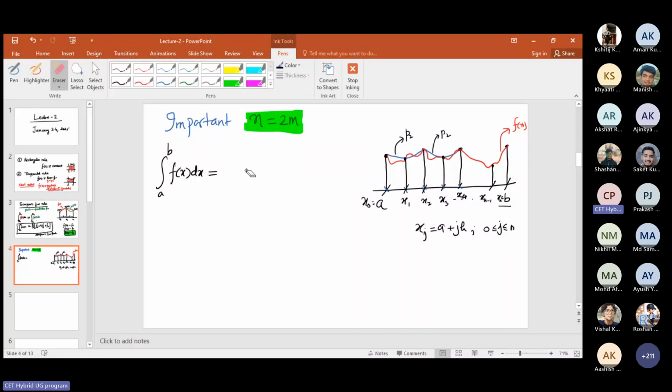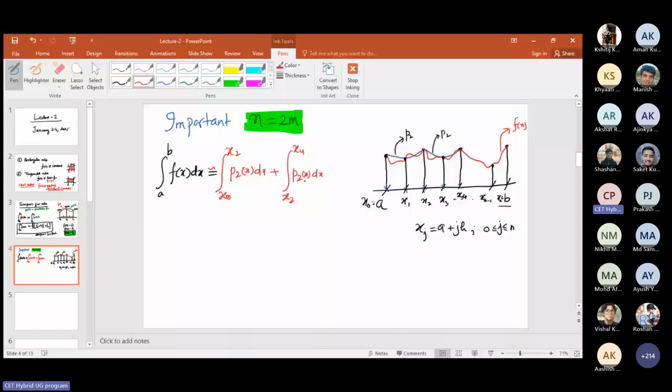This will be equal to the integration, first one, from x0 to x2 of p2(x) dx approximately, plus the integration from x2 to x4 of p2(x) dx. Notice that these p2's will be different because they are passing through different points, so their formulas will be different.